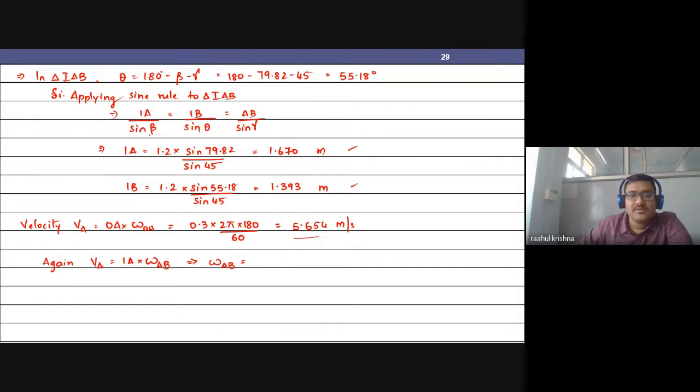So VA we are obtaining like this. So omega AB will be VA upon IA. VB equal to IB into omega AB. Instead of omega AB, let me substitute this: IB into VA upon IA.